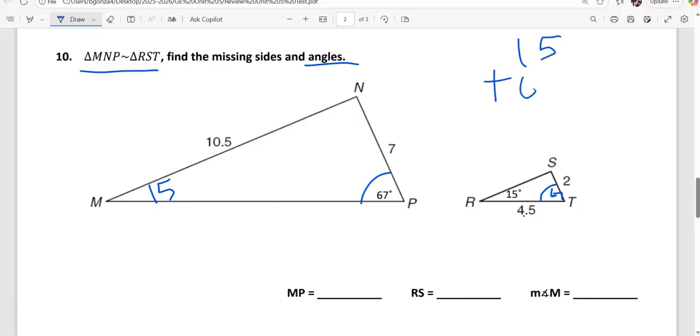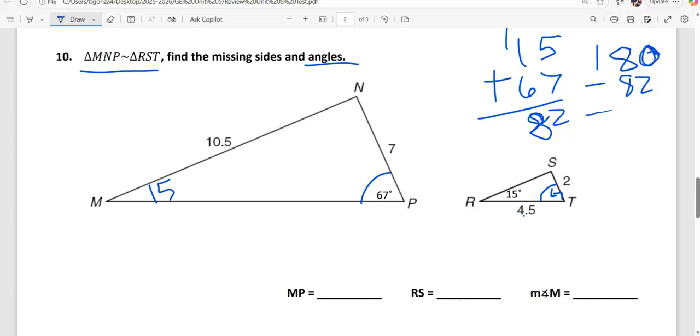Remember, we add the two we know and subtract that from 180 to find our missing angle in a triangle. So these missing angles are 98. Cool.